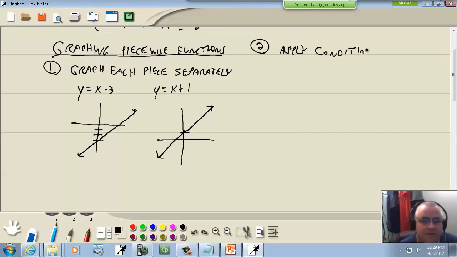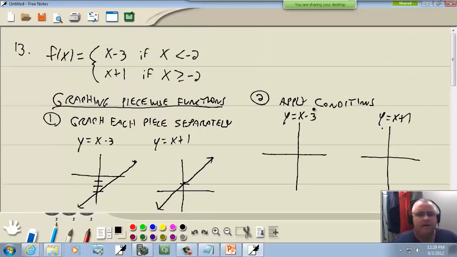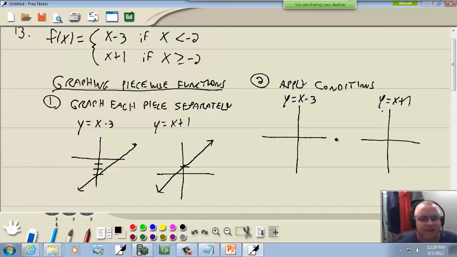Apply your conditions. Okay, so x minus 3 looks like this one right here, when x is less than negative 2.